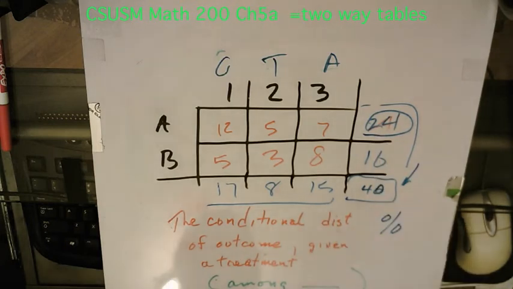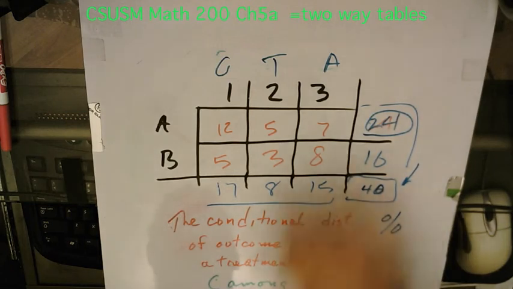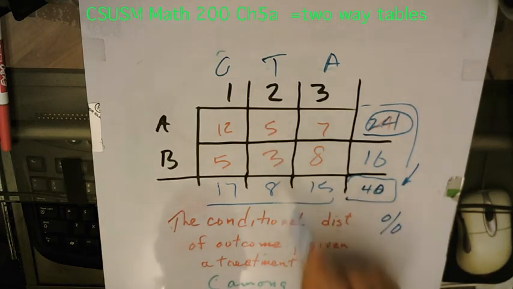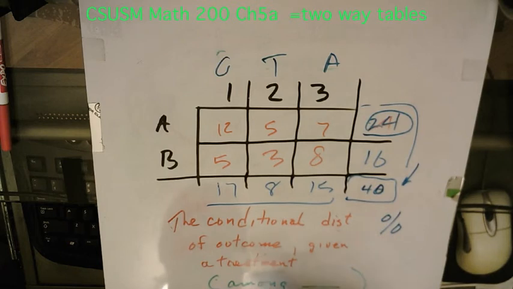Now, your textbook also refers to the conditional distribution. The conditional distribution deals with the numbers that are inside. Let's say that we were looking for the conditional distribution of an outcome.